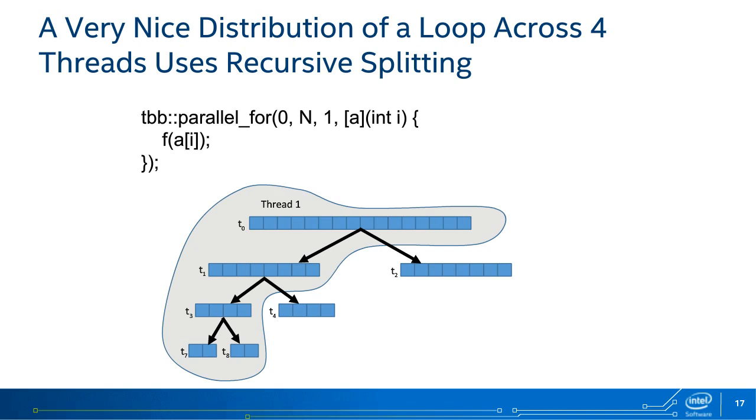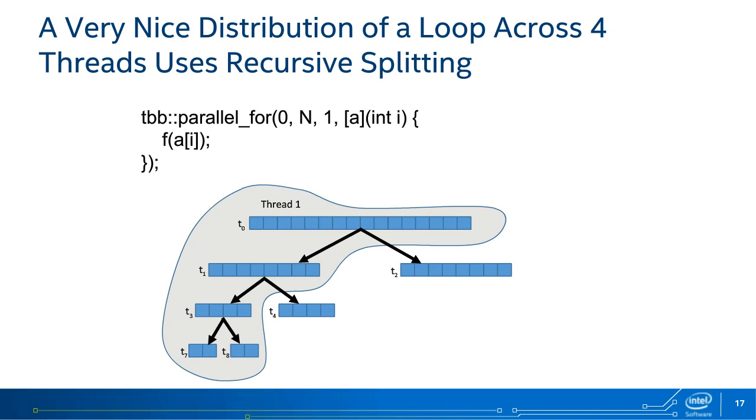The calling thread is going to execute this task, and it's going to decide, based on a policy, that this is too much work for it to do by itself. So it's going to split the work into two pieces, the left side of the range and the right side. And it's going to pick one of these to keep working on. It's going to pick task 1, so the left side of the range.